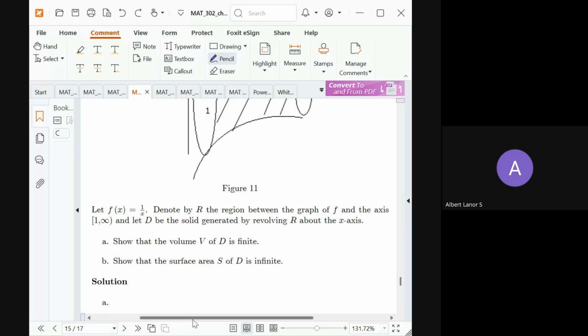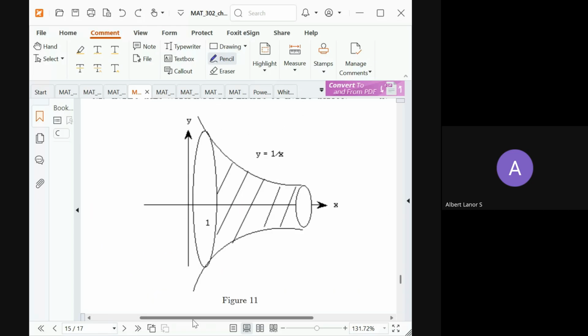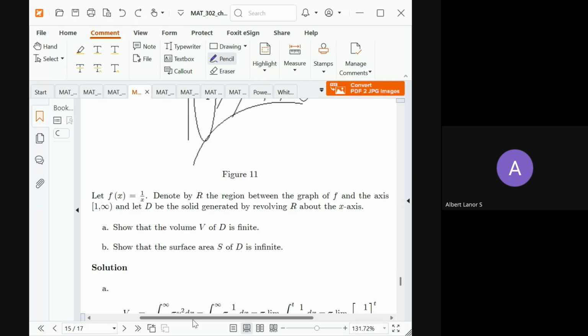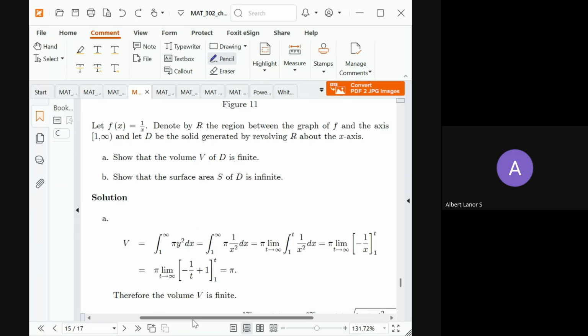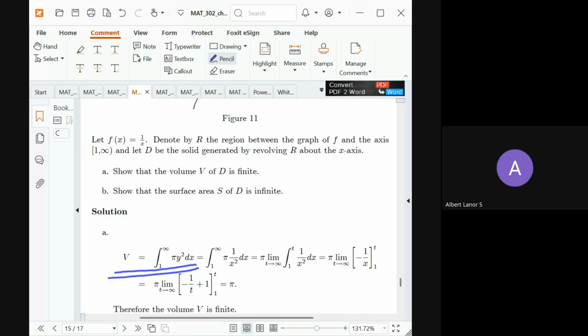Now, how do you find the volume of revolution? From fundamental integration, you know that the volume is pi of y squared. Then the graph is starting from 1.